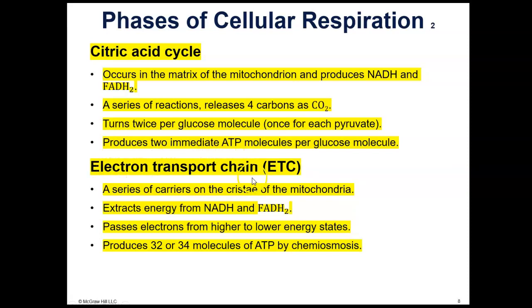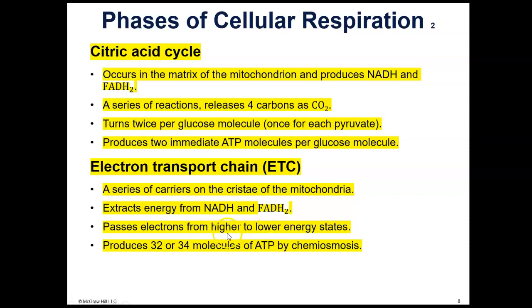The electron transport chain is our last phase. It also occurs in the mitochondria. It takes the NADH and FADH2 molecules that have built up and gets energy from them in the form of hydrogen ions and electrons. It passes those electrons down electron carriers.